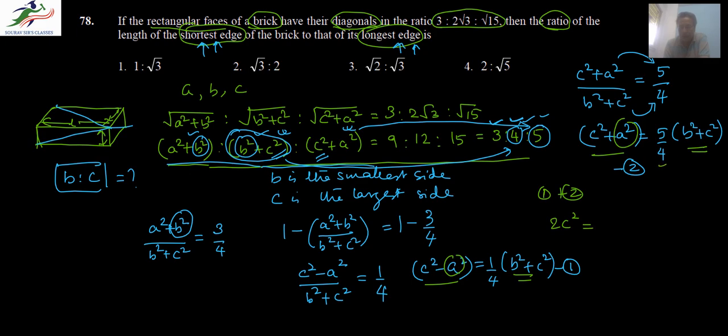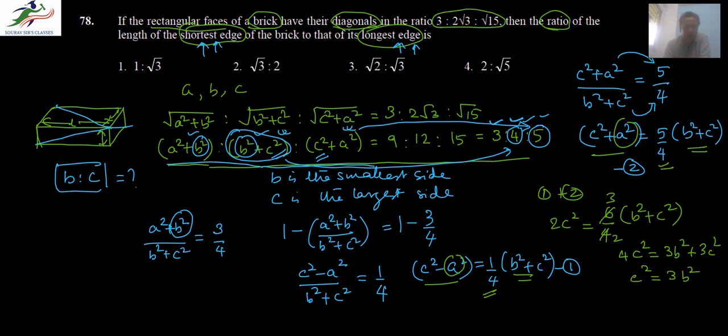is equal to 5 by 4 plus 1 by 4 of b square plus c square. That means 6 by 4 of b square plus c square, or this becomes 3 by 2. Hence 4c square is equal to 3b square plus 3c square, or c square is equal to 3b square.